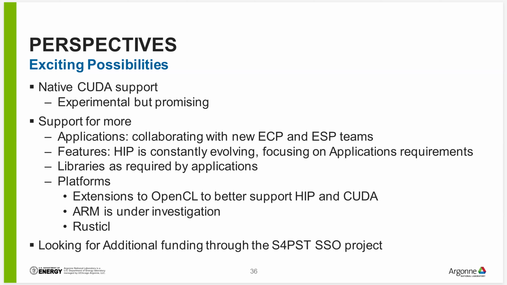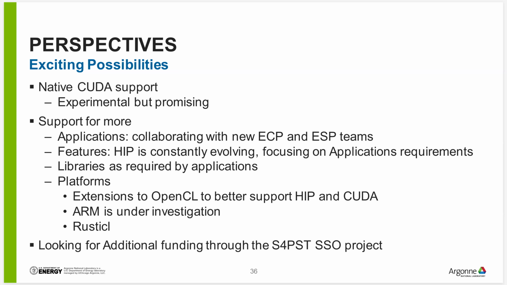This is a work in progress. And we are working on making chipStar work on Rusticl, which is the Mesa OpenCL implementation, which is available on a wide variety of hardware and which is giving very interesting performance. And we have results in an upcoming journal paper we're working on.